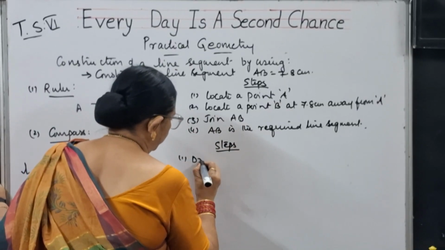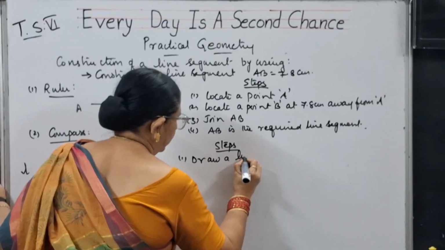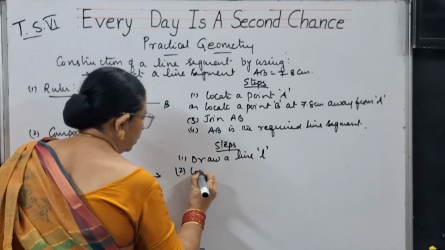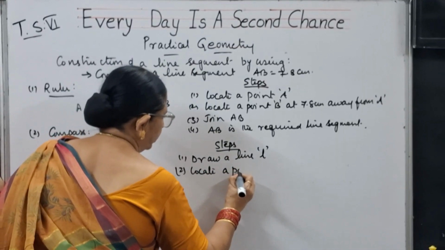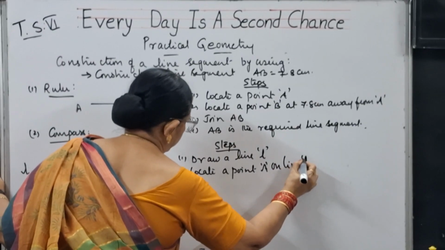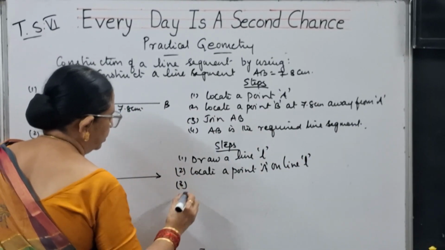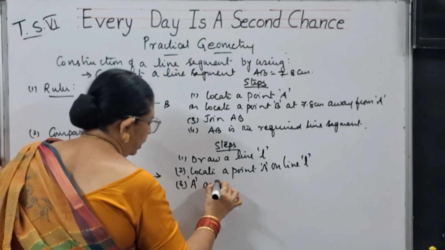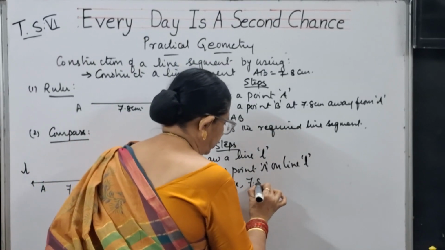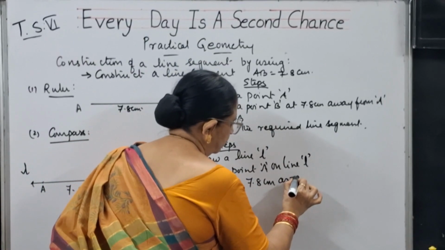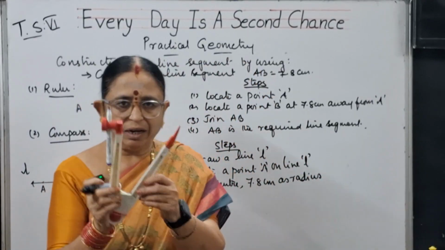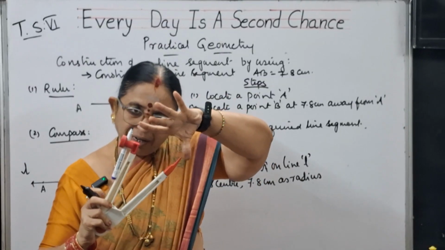First one, draw a line L. Second point, locate a point A on line L. Then third point, A as center, 7.8 centimeters as radius. This is called as radius, children. 7.8 I have taken. No, this measure is called as radius.